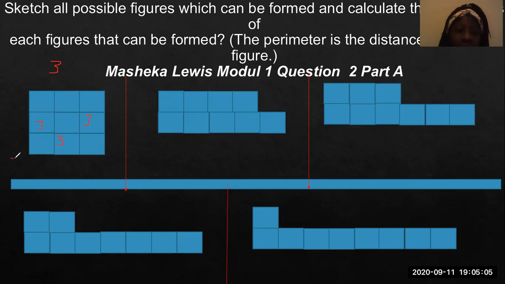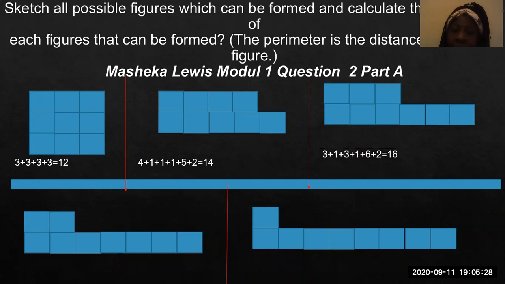So you'll add 3 plus 3 plus 3 plus 3. And this will equal 12. Now I was just showing you how you're supposed to get the perimeter. I'm going to clear the drawing because I have the perimeter as well, so you don't have to see all the scratches around the screen.